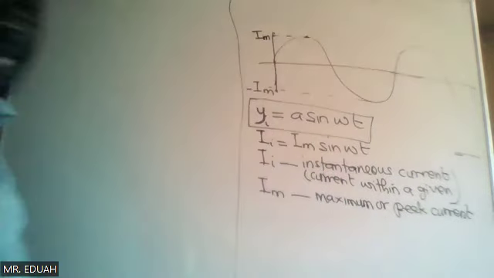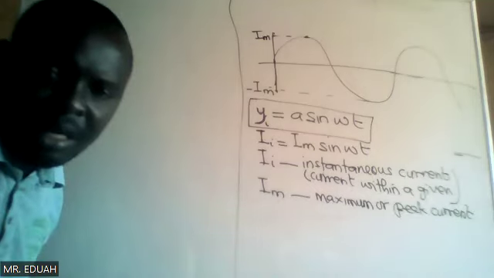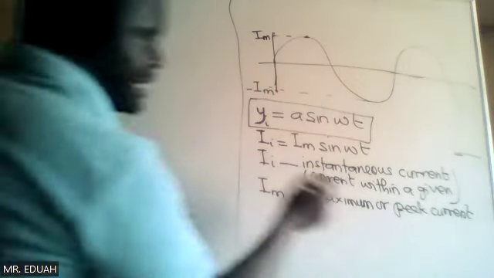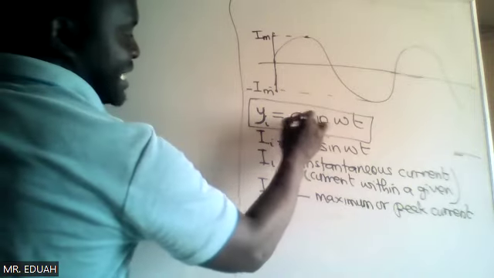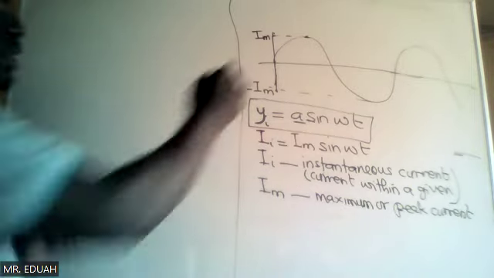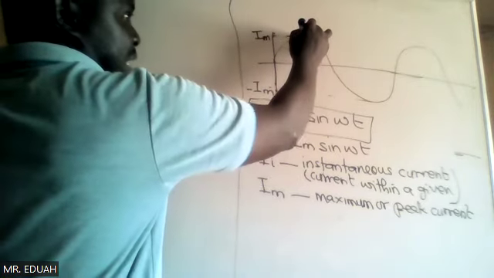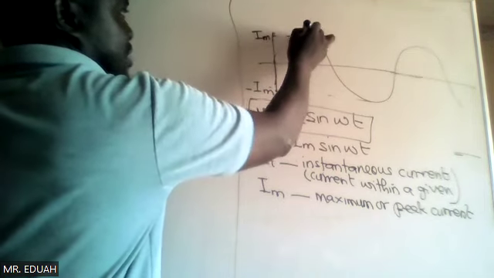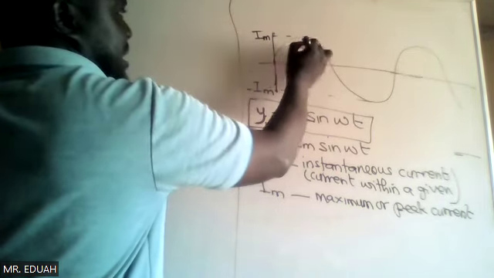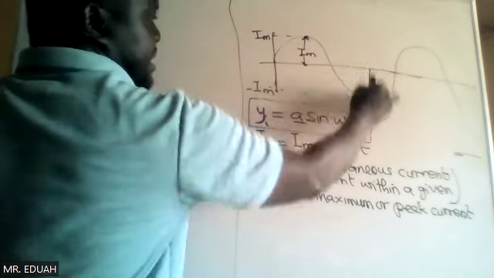This is also the same as in displacement. We say A is the amplitude. The amplitude is the maximum displacement. So this is the measure from the equilibrium position to this point is what we are referring to as the maximum or the peak current.